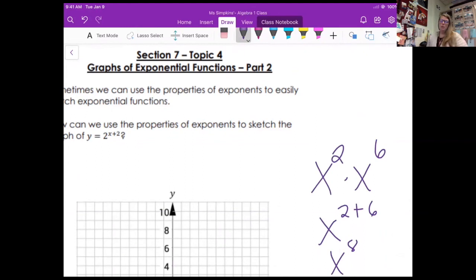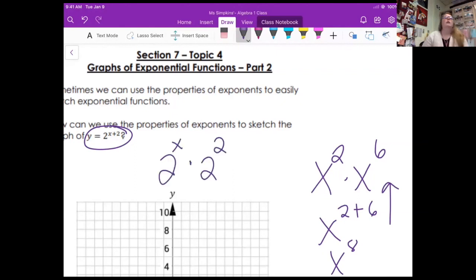Okay, so we're going to use that same idea to rewrite this. Those exponents are being added together, so I can essentially go the opposite direction. I'm going to put the x with the 2, and I'm going to put the 2 with the 2.